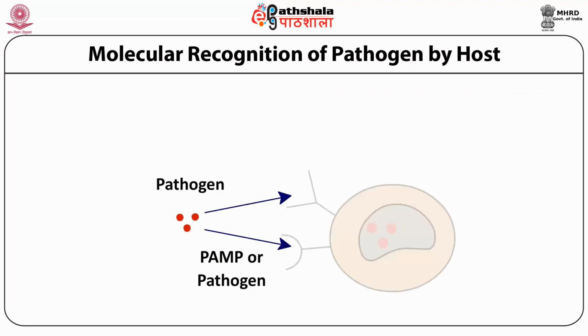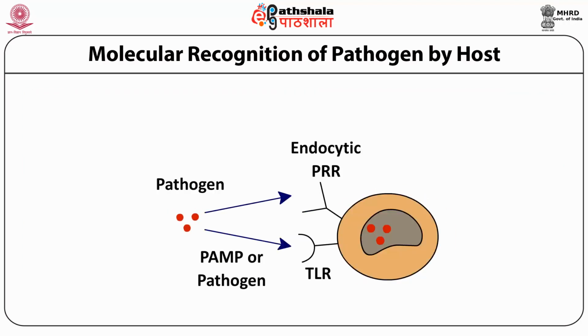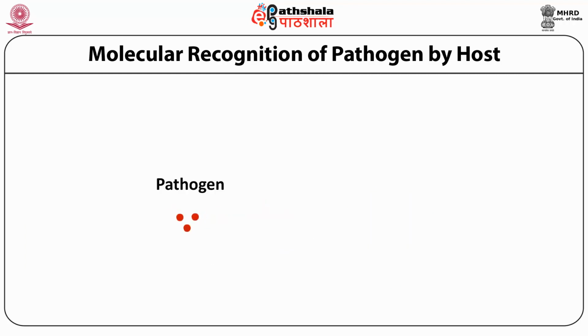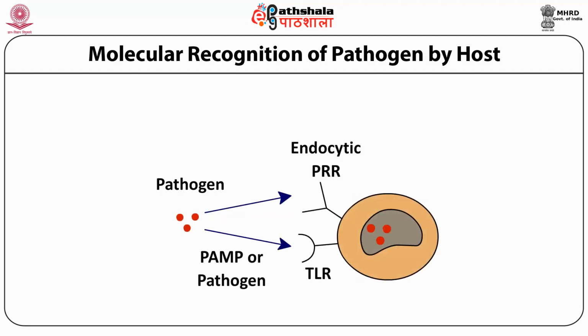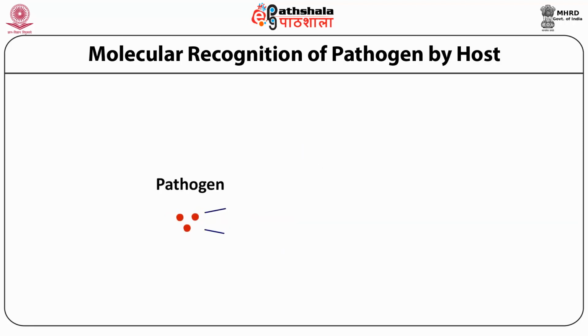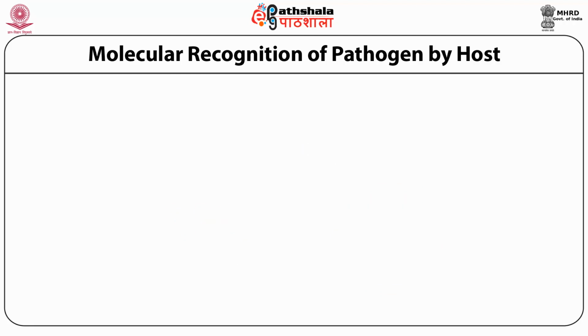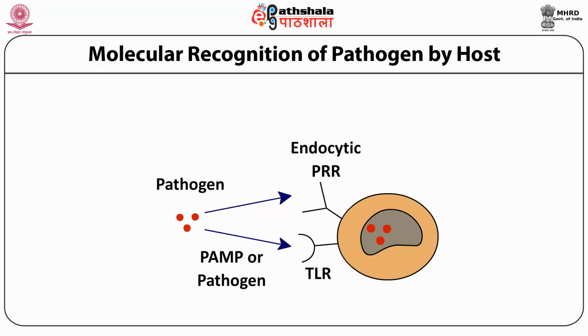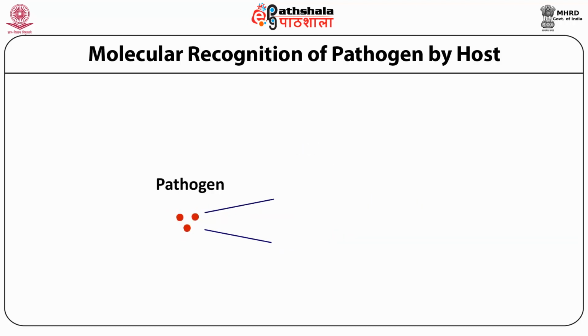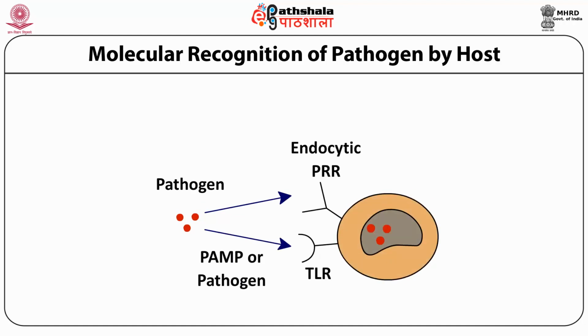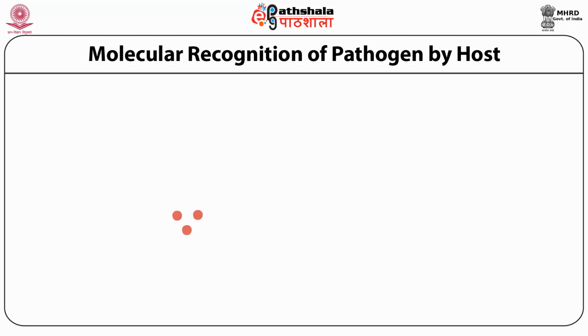In the host, pathogens are recognized through PAMPs, the pathogen associated molecular patterns. Their receptors are present on host cells like toll-like receptors, or sometimes intracellularly, and are called endocytic pathogen receptors in the endosomes of the cells.